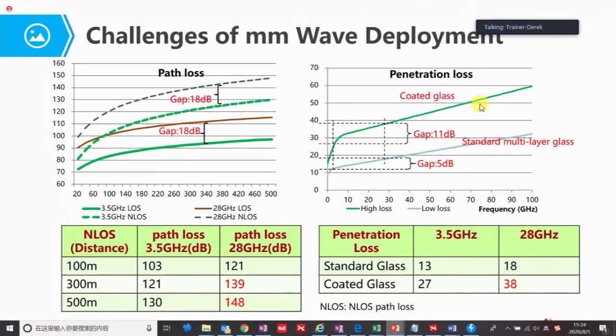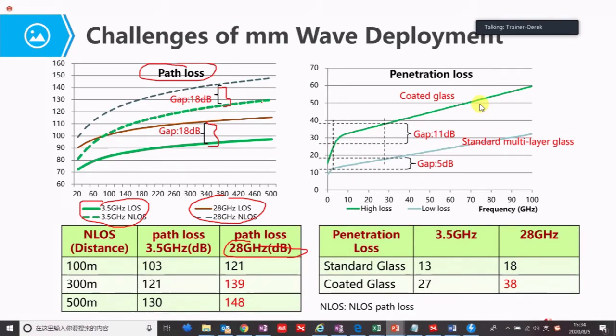This is the path loss on C-band, and this one is the path loss on millimeter wave, the high frequency band. They have a great difference, like 18 dB, which is very much loss.